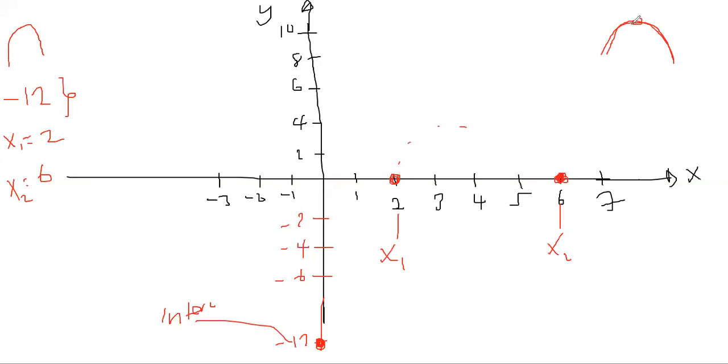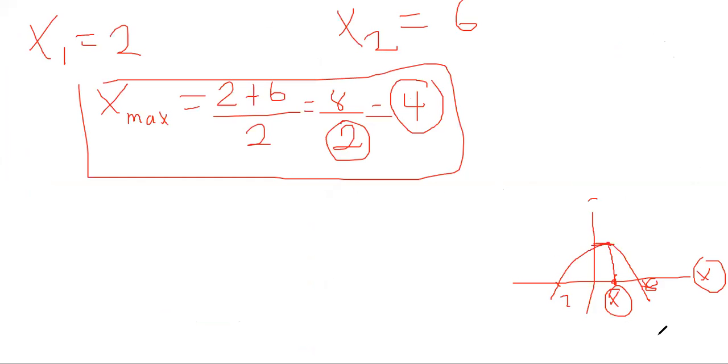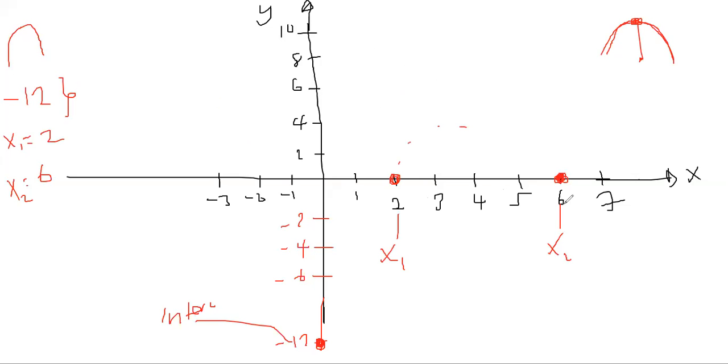But we want to know the maximum point here, and also where, the x. To find the value that maximizes the function, you take this 2 plus 6, as I did before, to find this 4. You divide the sum of the roots by 2, and it will give you 4. So this 4 is the point where the function is maximized.